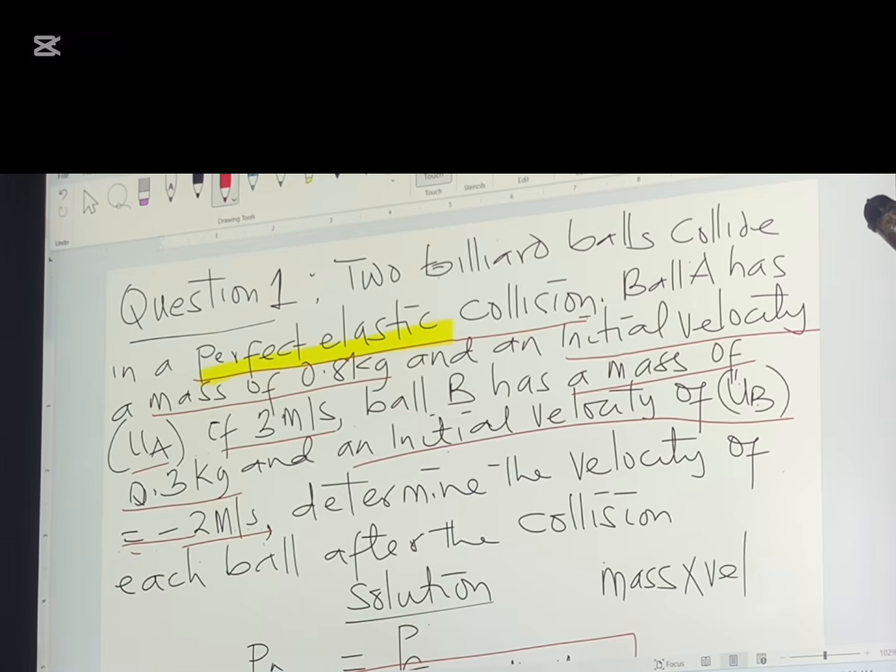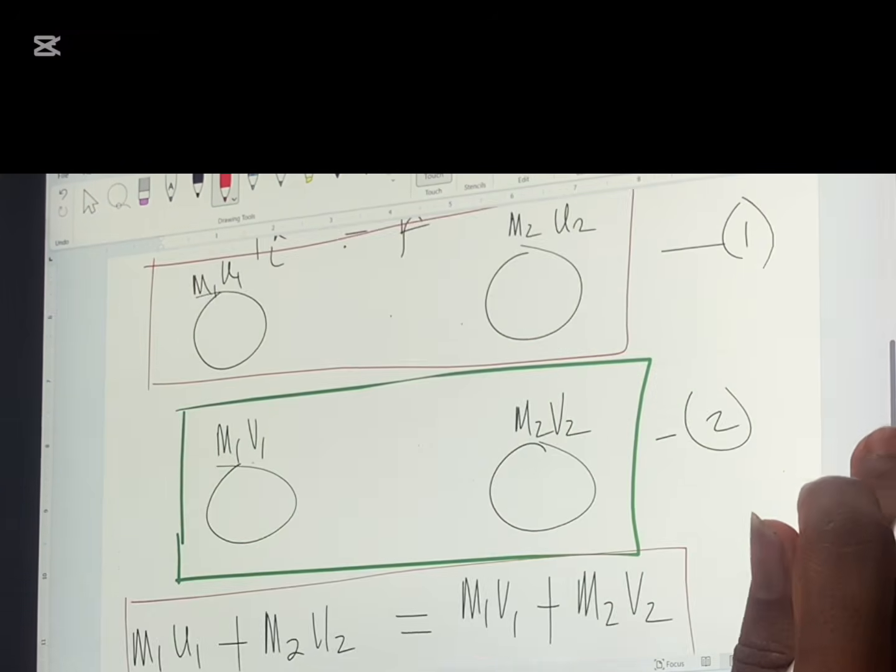For every elastic collision, we have two formulas to solve it. The first formula is the formula for conservation of linear momentum. The second formula is the formula for conservation of the velocity. And this is the formula we use.